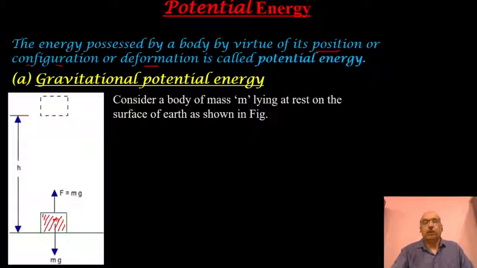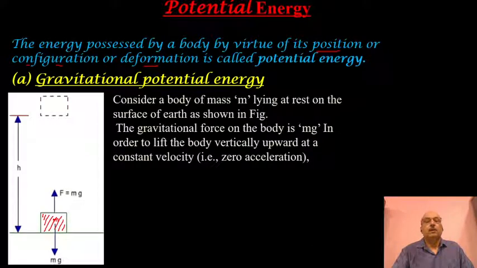So what will happen here? The gravitational force on the body is mg, and it is vertically downward. This is the weight, mg, vertically downward.